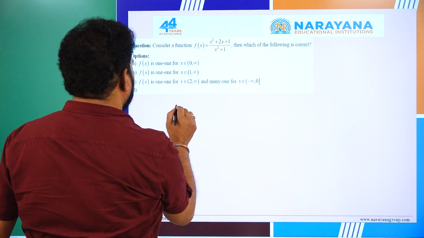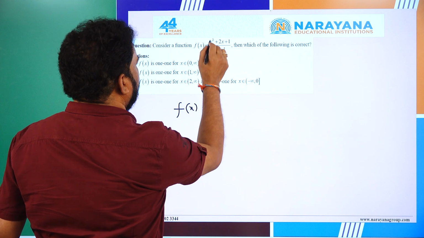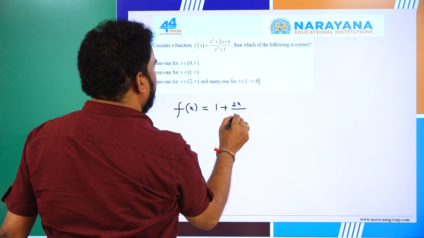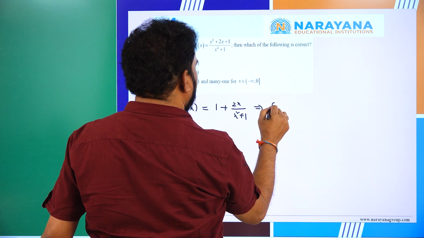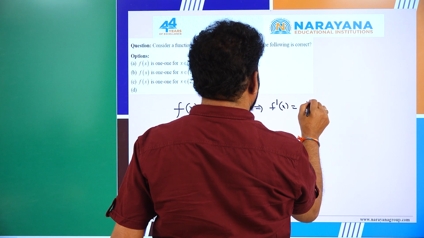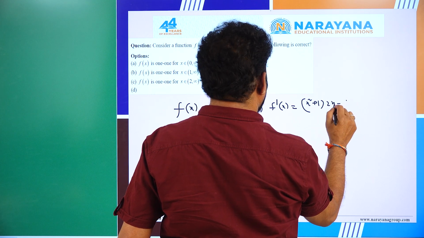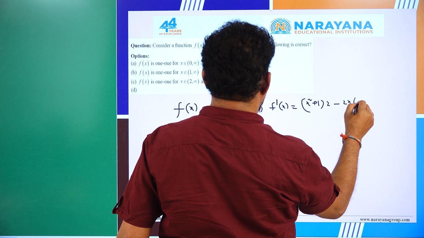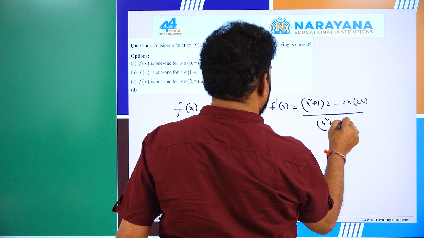First of all, f of x equals, by separating, 1 plus 2x by x square plus 1. So this implies f dash x is equal to, 0 plus x square plus 1 into 2 minus 2x into 2x, by x square plus 1 whole square.